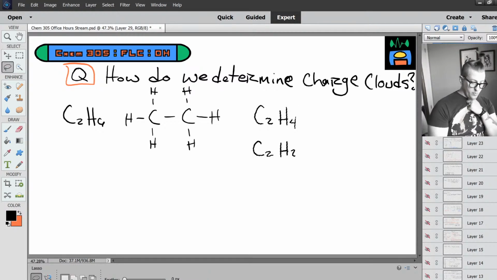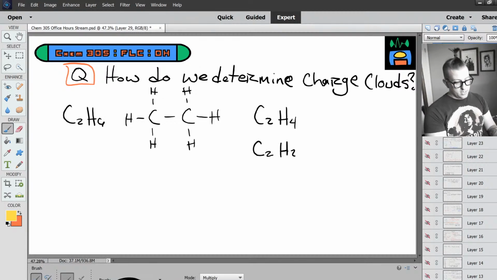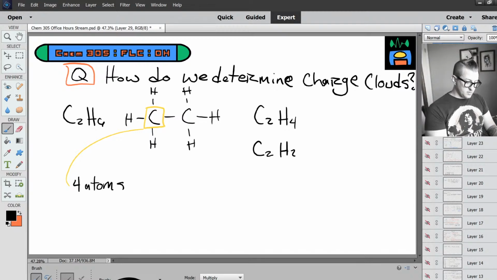So you could say, look at this carbon that I'm boxing in yellow. This carbon has 4 atoms, 0 lone pairs, so it'll have 4 charge clouds or electron groups.